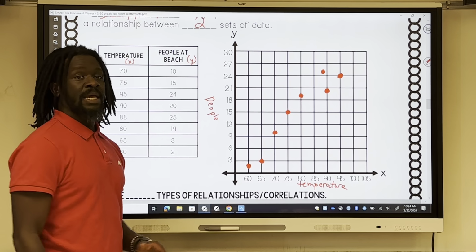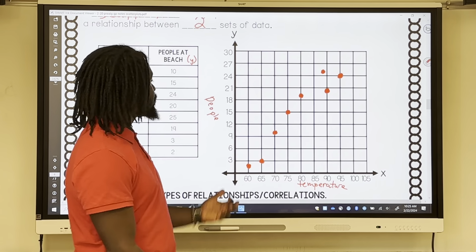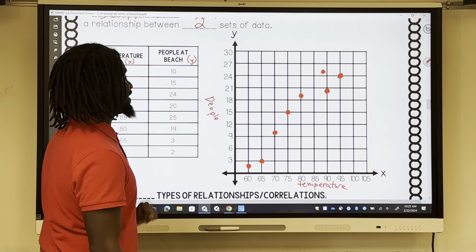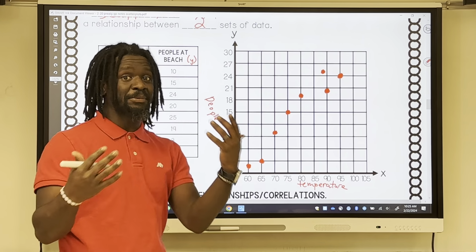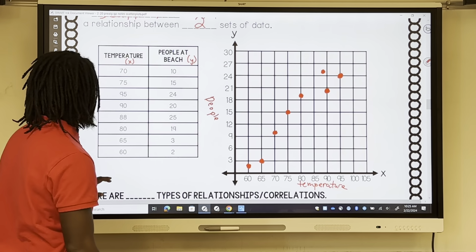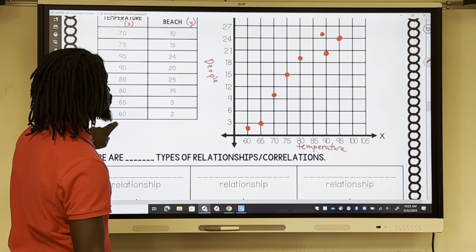Okay, all right, and so we have graphed our points. Now we have our scatter plot, and that's that. So that's the first thing, being able to create a scatter plot. You're just plotting points on one quadrant of a coordinate plane.